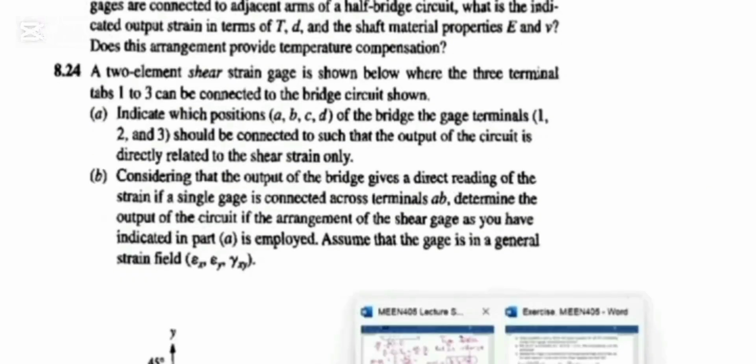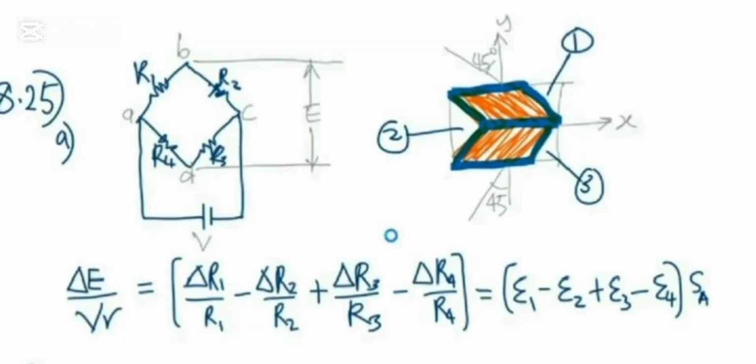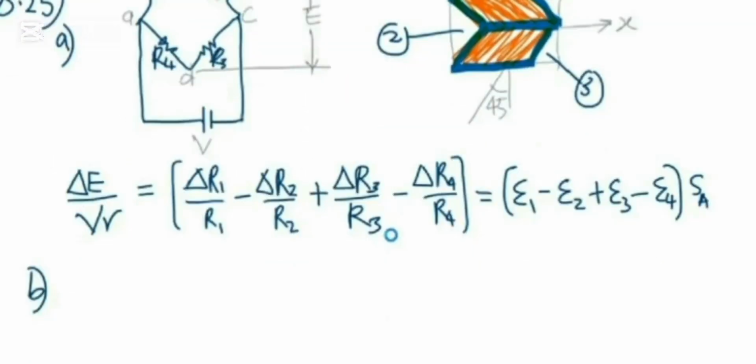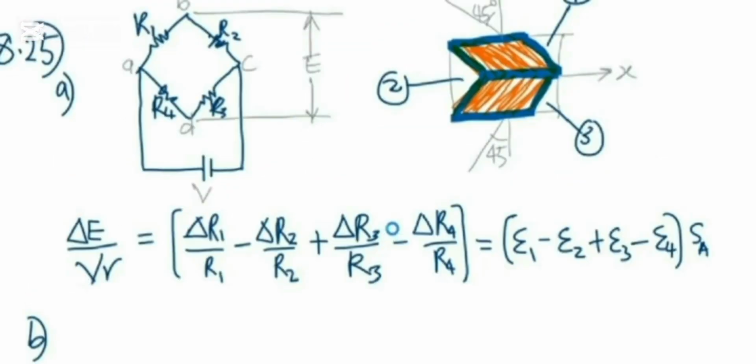So this is the sketch of the circuit. What connection will make the output of the circuit measure only the shear strain? It means we should make the connection in such a way that these 2 strain gauges 1 and 2 measure 2 of the arms.